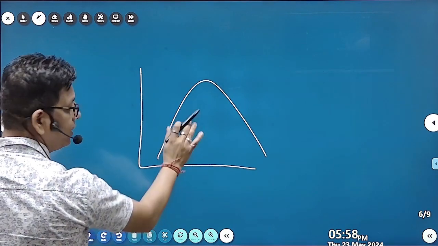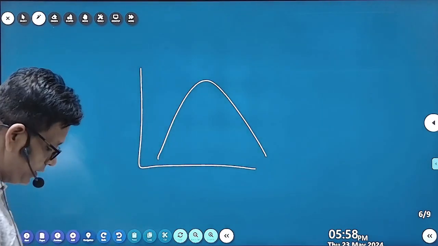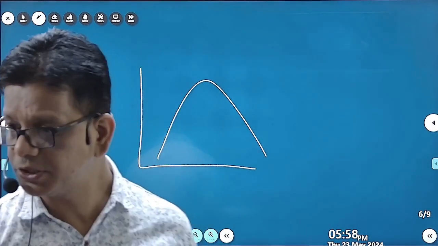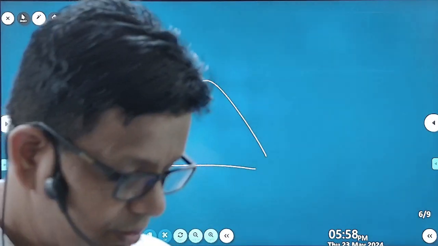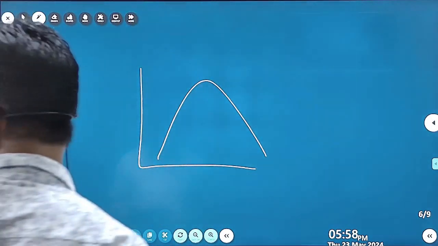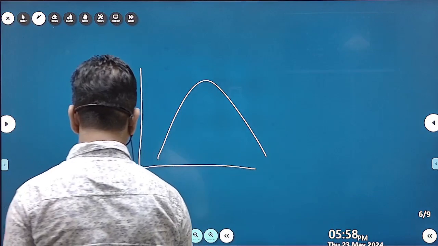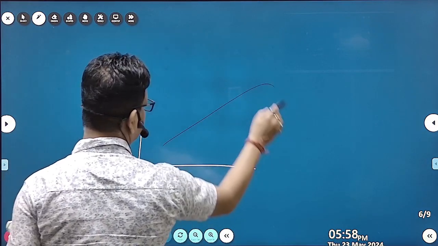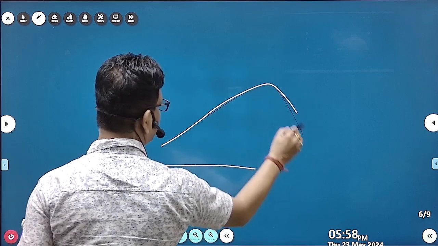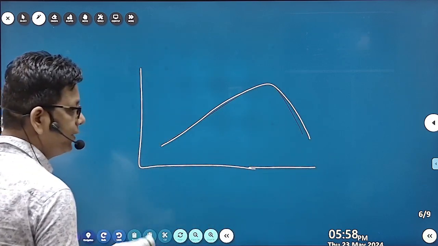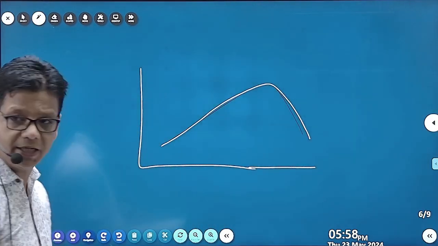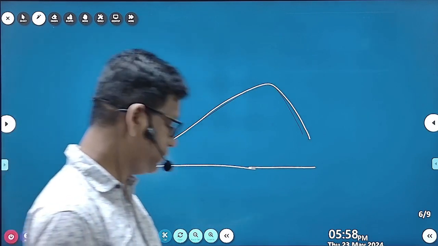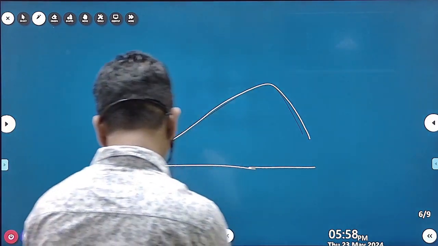And here mean, median and mode are all equal. It's written there also. So this is a non-skewed graph. A non-skewed graph means zero skewness, and here mean, median and mode all are equal. And finally, if the graph goes like this, it is negatively skewed. And here it is the reverse: mean is less than the median, which is less than the mode.